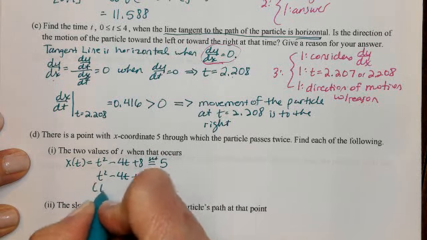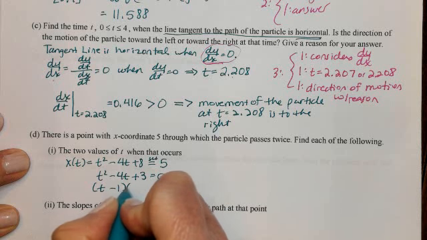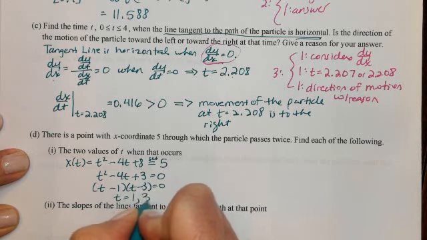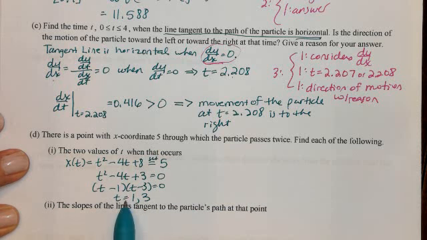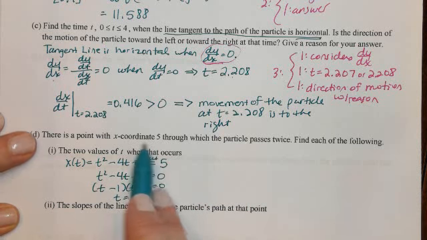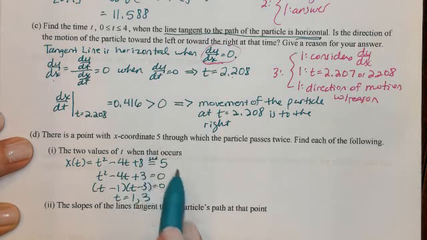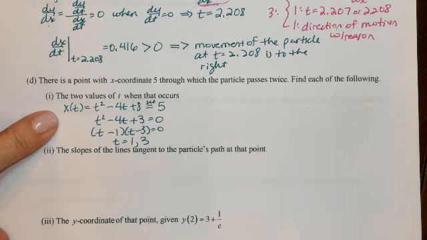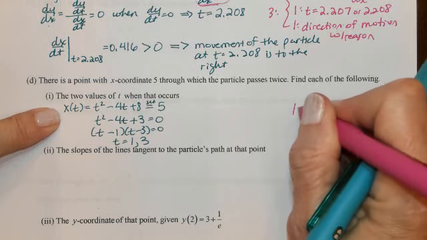It can. How about that? So at time 1 and time 3, the x coordinate will be 5. Okay? So that, by the way, got me 1 point.